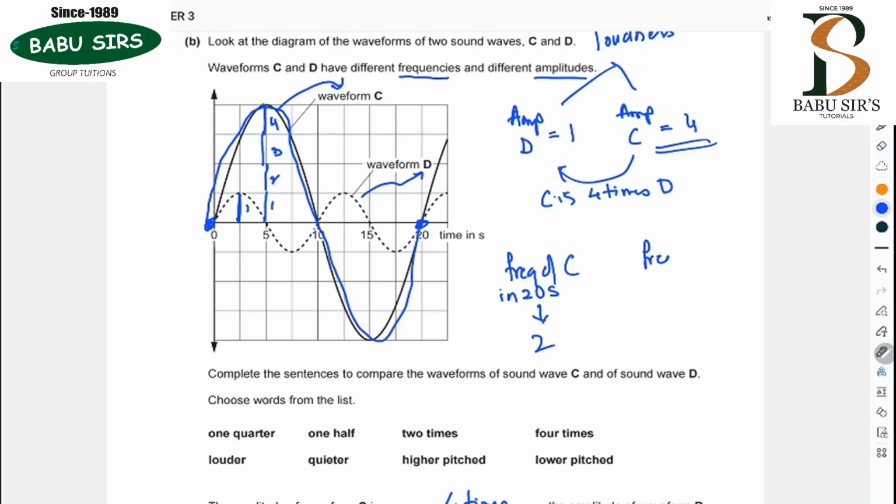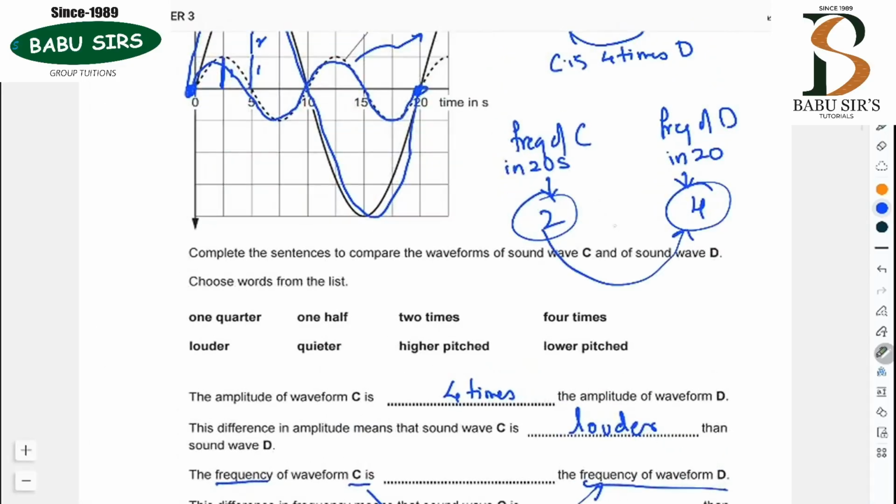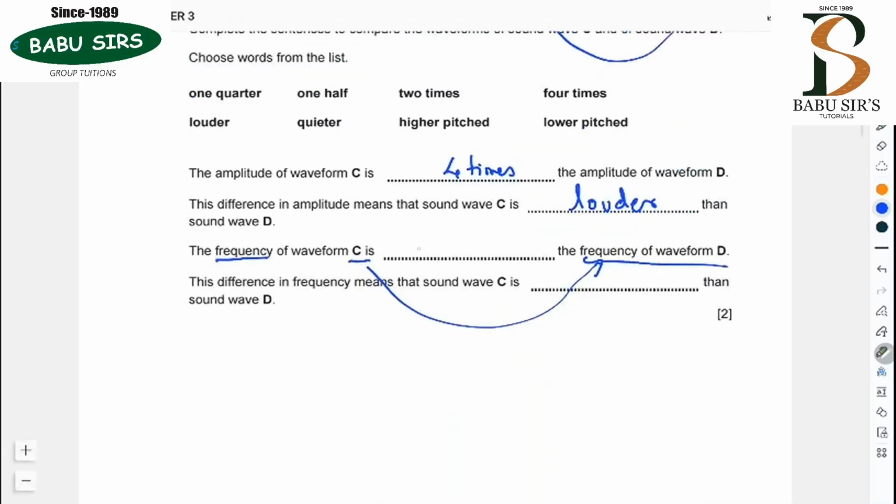And the frequency of D in 20 seconds, we'll check how many are there. You can see 1, 2, 3, 4. So it is not the total number of waves, but we are just comparing. If C is 2, then D is 4. So here you have to compare C with respect to D. If you compare C with respect to D, it is half. So I'll write here, it is half.